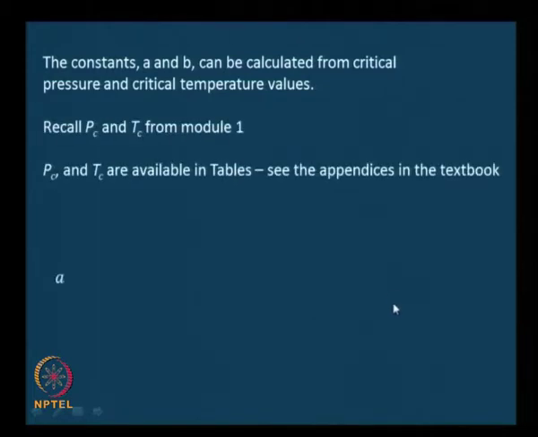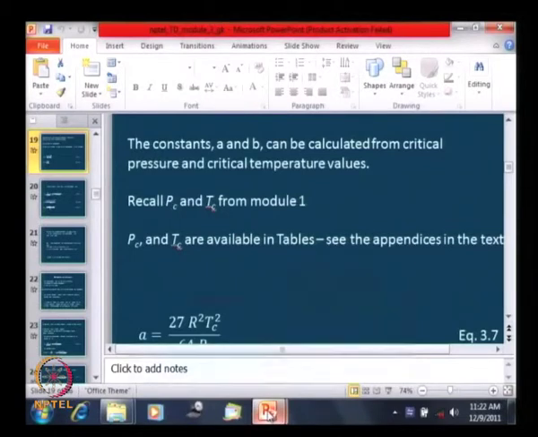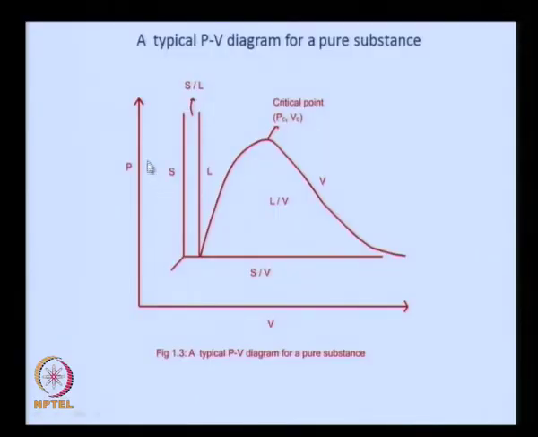Okay, this might be worthwhile, so let me go here and recall our PV diagram. PV, the variation between pressure and specific volume for a pure substance.